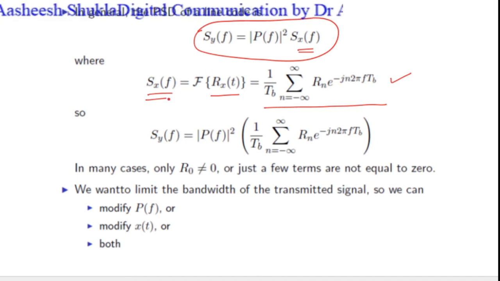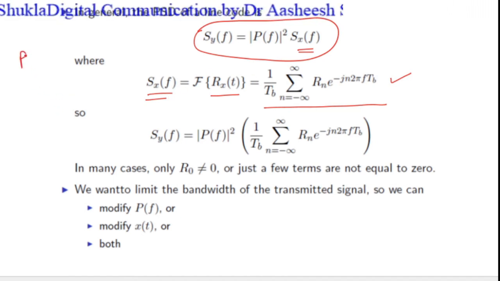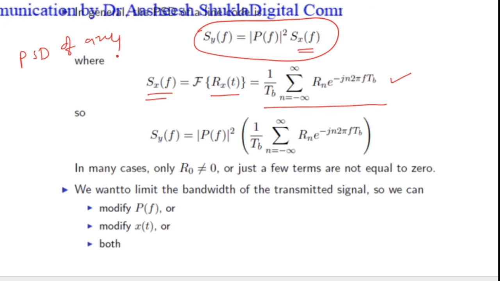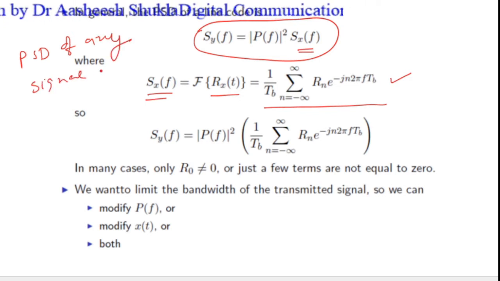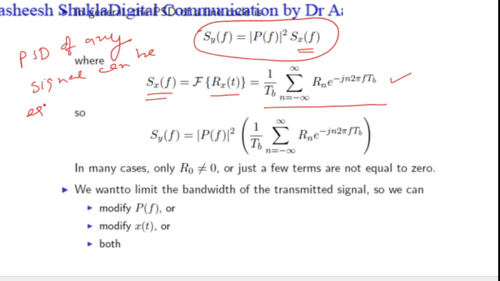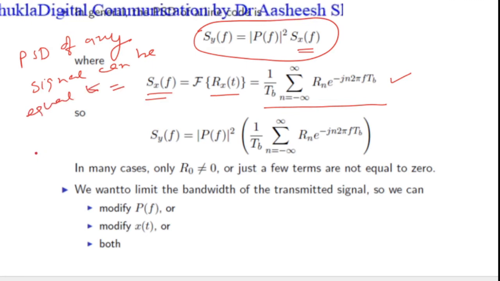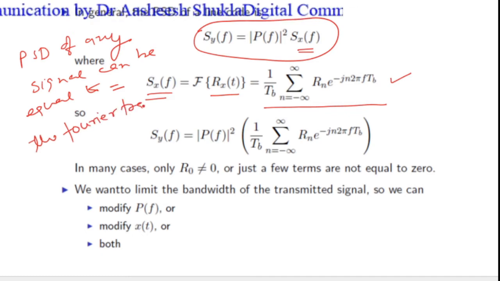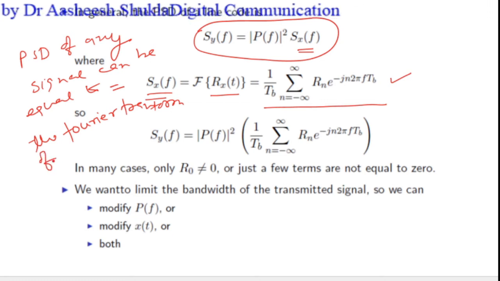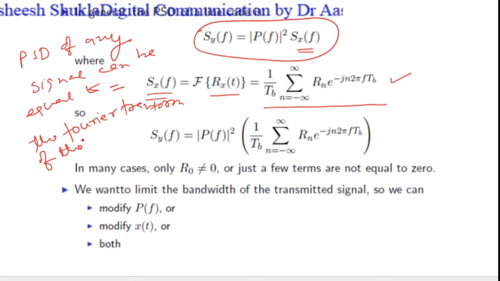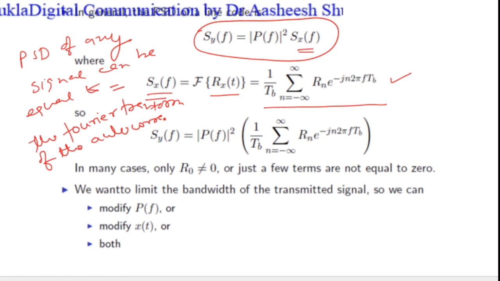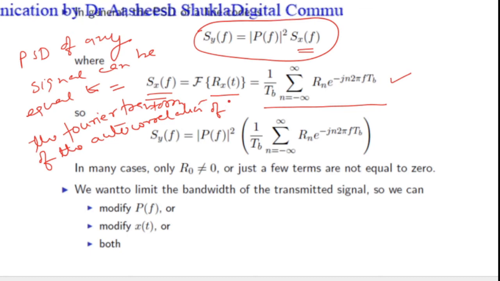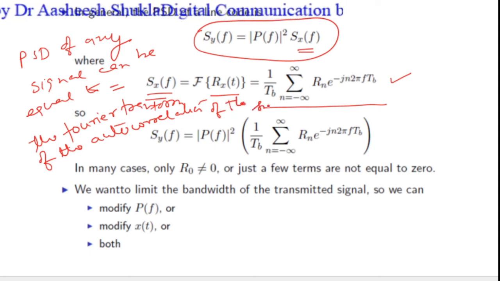So we are using the concept here that the power spectral density of any signal is equal to the Fourier transform of the autocorrelation function of the signal, right? This is the concept.